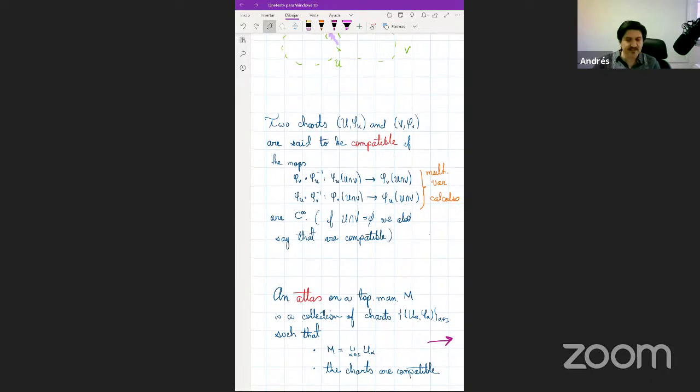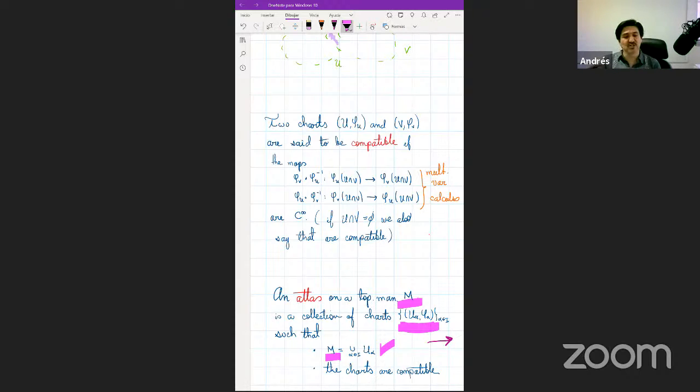Now, I'm going to define an atlas on a topological manifold M. So I'm going to have some charts. I don't know how many. It could be a finite number, uncountable, I don't know. But I'm going to require, the first thing is very trivial. All of the charts must cover M. So each point of M belongs to a chart.